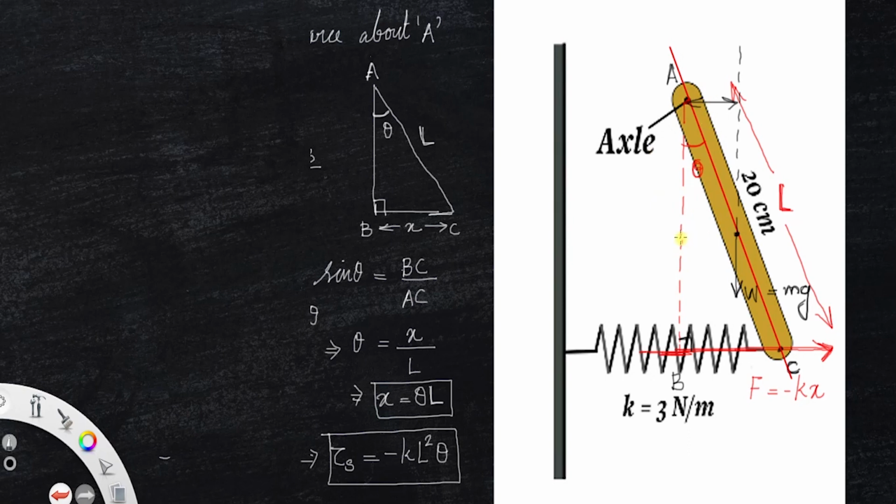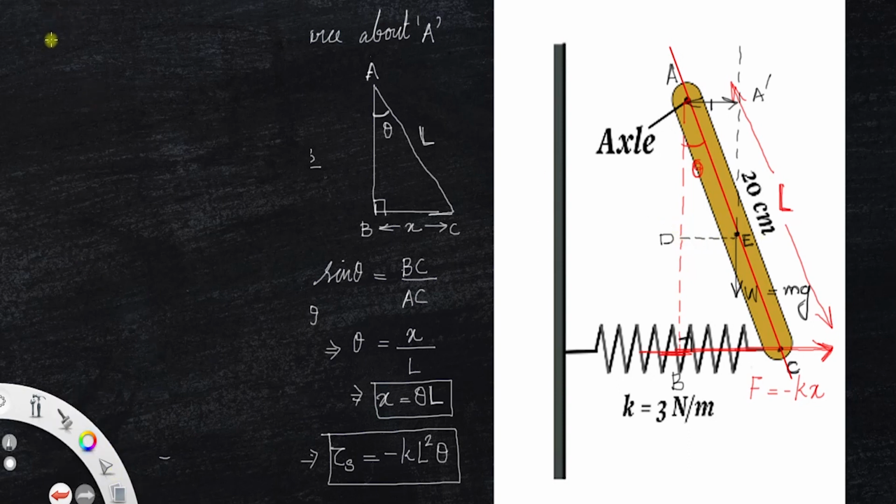When I join this line and call it ABC, let's call this DE. This length, if this is A dash, we know A dash will be equal to DE.